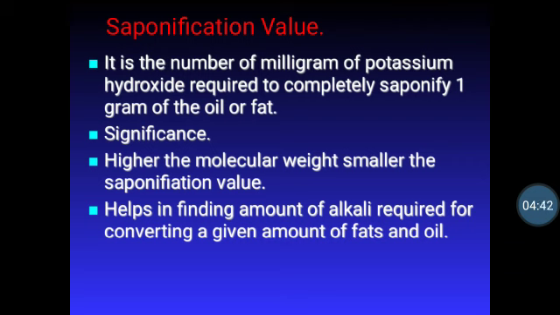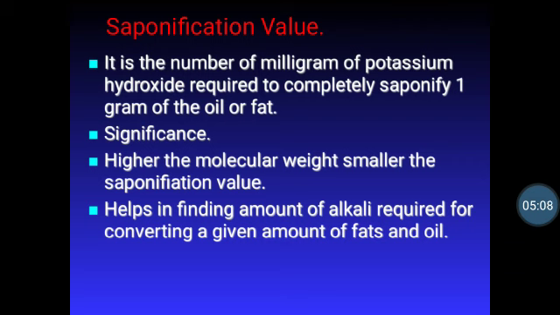Let's discuss the significance of saponification value. Saponification value tells about the length of the carbon chain in the fatty acid being used for saponification. Saponification value of those fatty acids which have a very long carbon chain is generally low. Saponification value will be higher for fats containing short carbon chains.